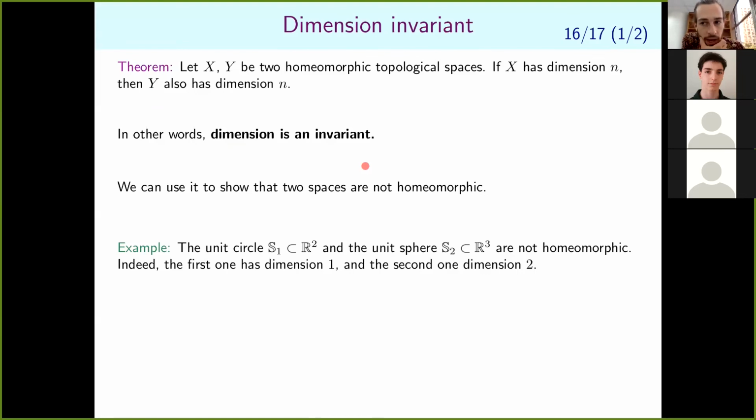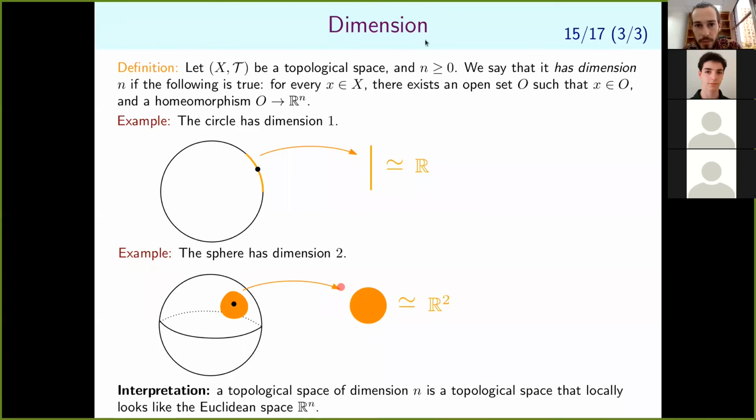I should add something here. Not all topological spaces have a dimension. For instance, if I consider a ball here with a branch, the branch has dimension 1 and the disk has dimension 2.